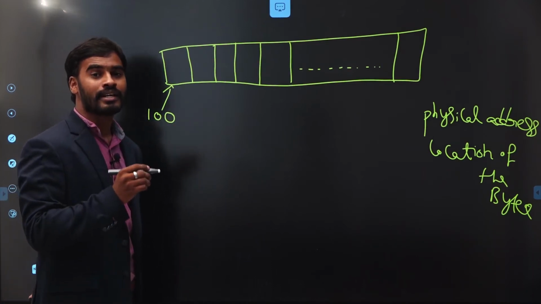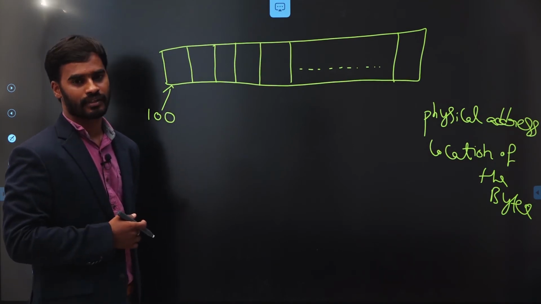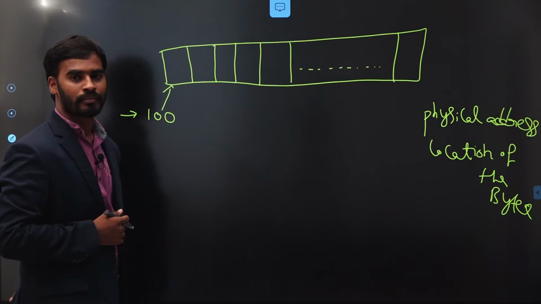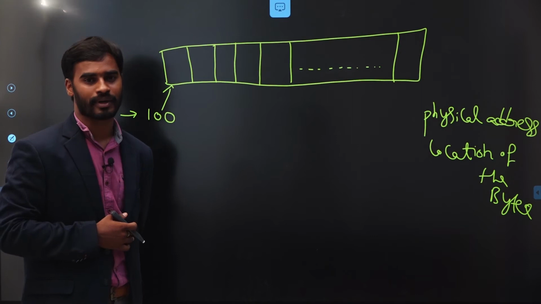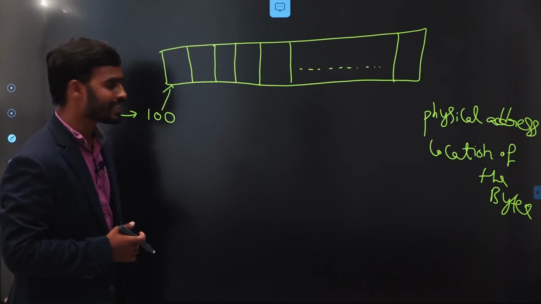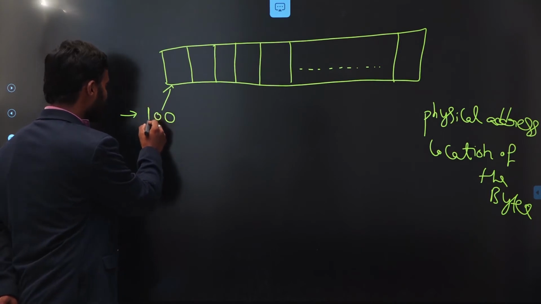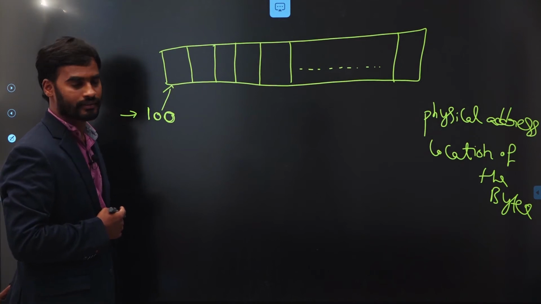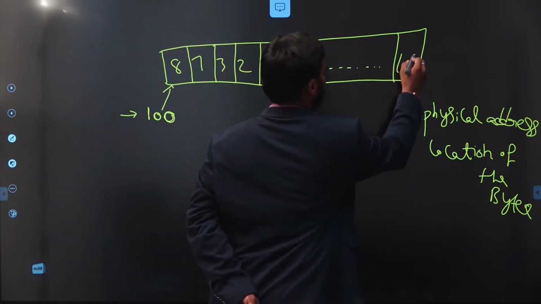Generally, the address is in terms of hexadecimal numbers, but for explanation convenience, I am working with decimal numbers as addresses. Let's assume that the starting address of the first element is 100, and that these elements are 8, 7, 3, 2, 5, 16.